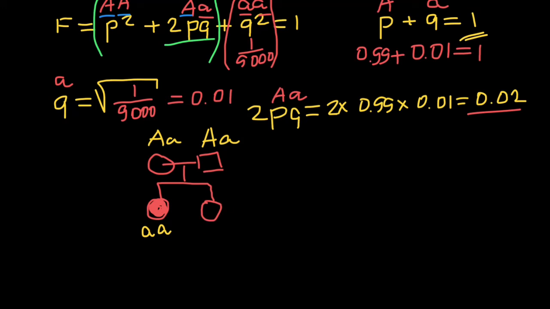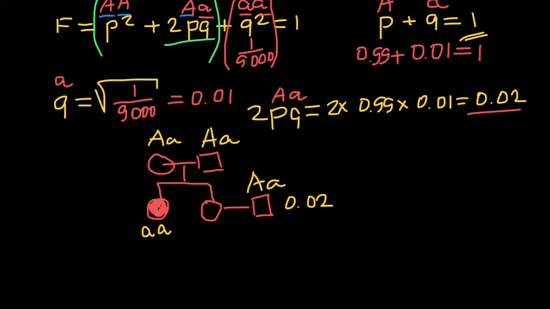Now here is Maria and here is John. We have found that his probability of being heterozygous would be 0.02. Why are we interested in the probability of him being heterozygous? Because only in this case may they have an affected child.